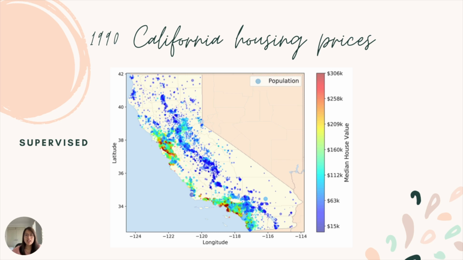Now, it is clearly a typical supervised learning task since you are given labeled training examples. The district median housing price is our labeled data. Moreover, it is also a typical regression task because we are asked to predict a value. The housing price is a value, so it is a regression task.